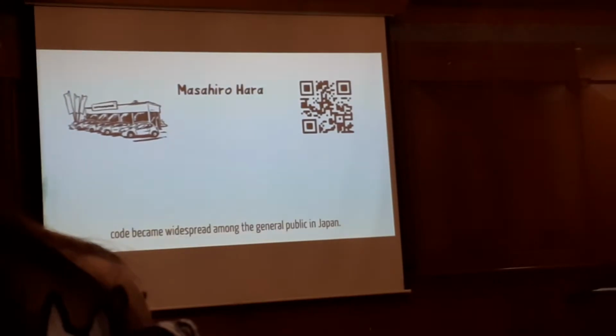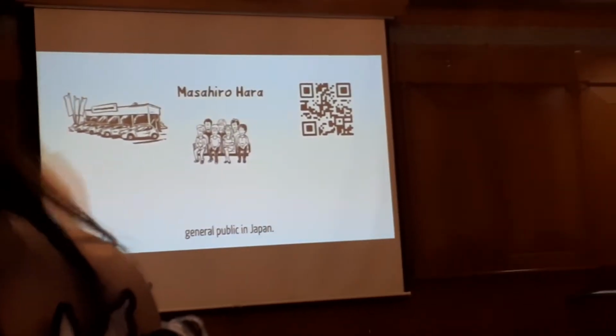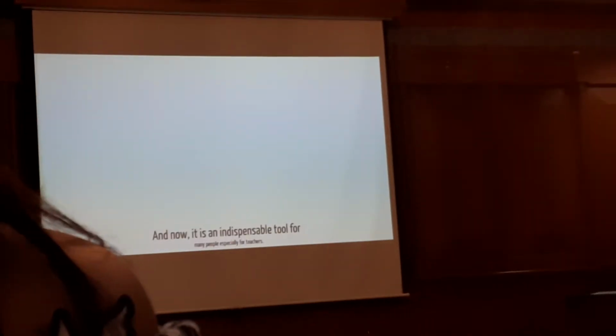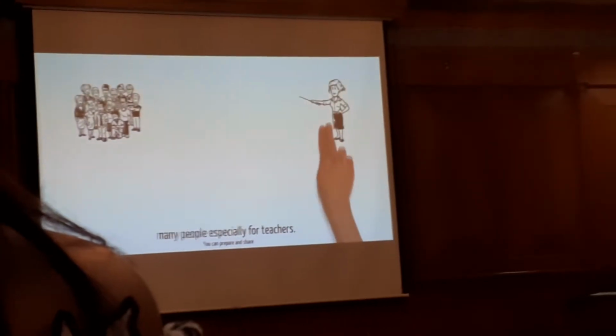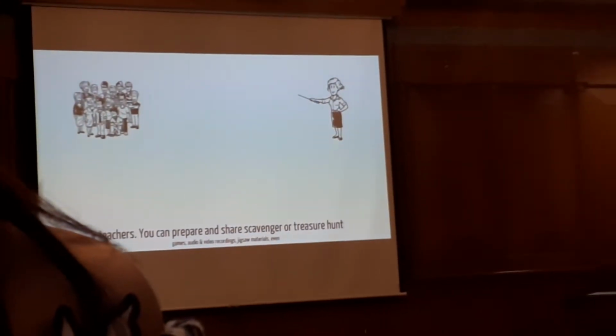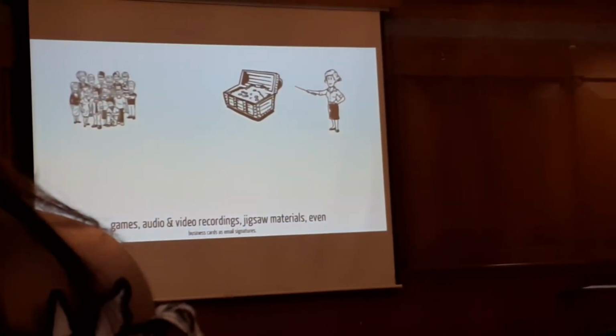In 2002, the use of the code became widespread among the general public in Japan. And now, it is an indispensable tool for many people, especially for teachers. You can prepare and share scavenger or treasure hunt games, audio and video recordings, jigsaw materials, even business cards as email signatures.